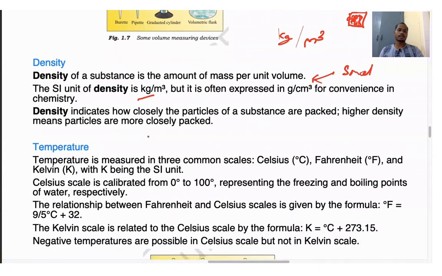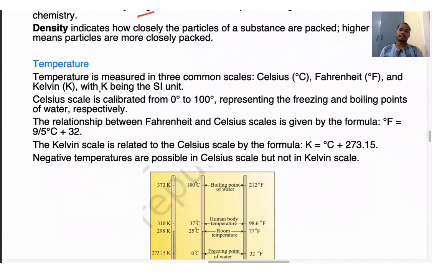So next is temperature. Temperature is measured in three common scales: Celsius, Fahrenheit, and Kelvin, with Kelvin being the SI unit.